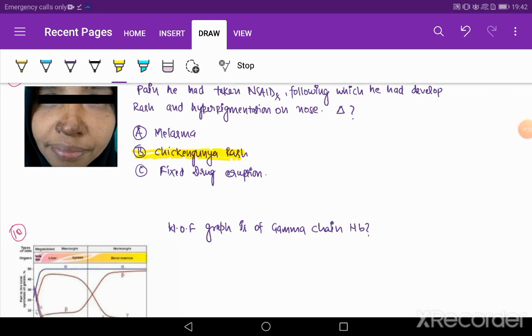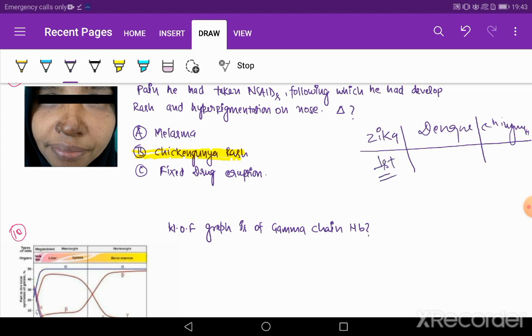Here I will discuss some rashes: Zika, dengue, and chikungunya. Zika rash often appears on the first day of symptoms, starting on the face and then spreading.